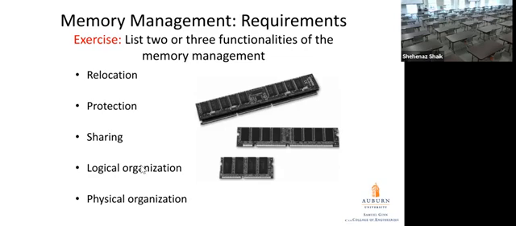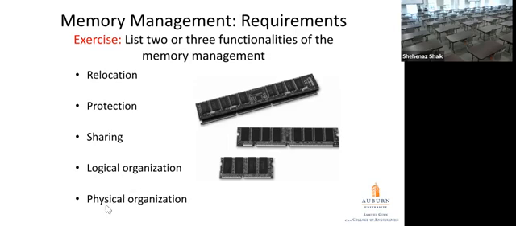So for that reason, we want the independence offered by the logical address space of a specific process. We want the programmer to see the memory allocated to a specific process as a sequential set of memory locations, starting from address 0.